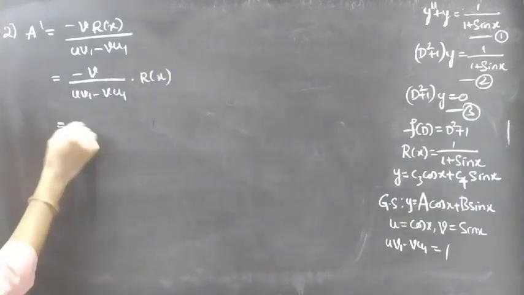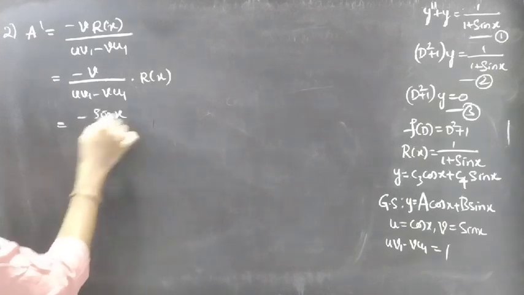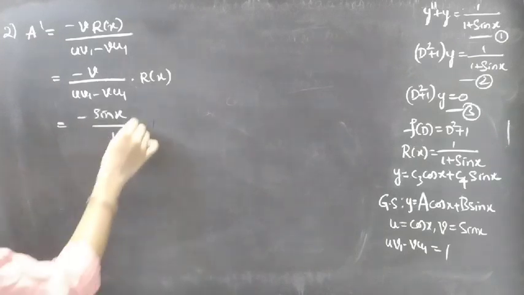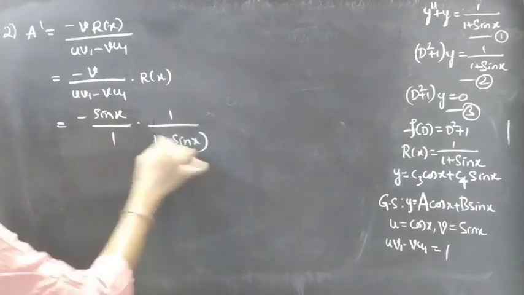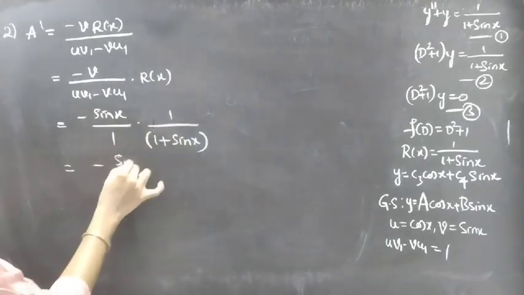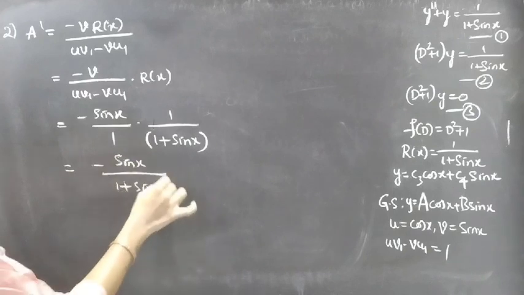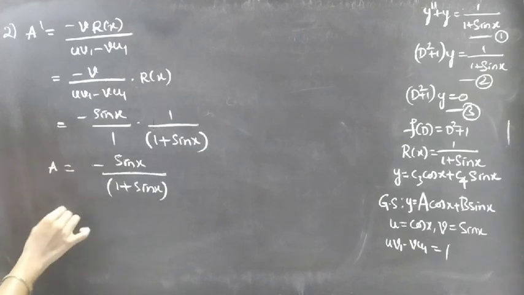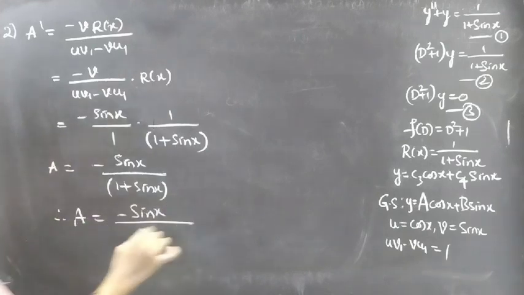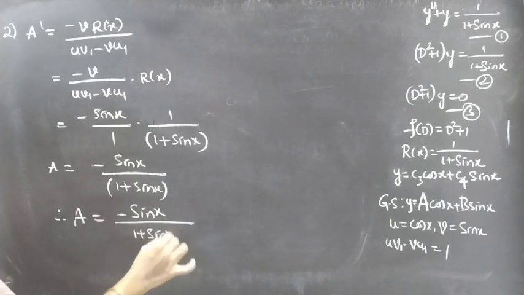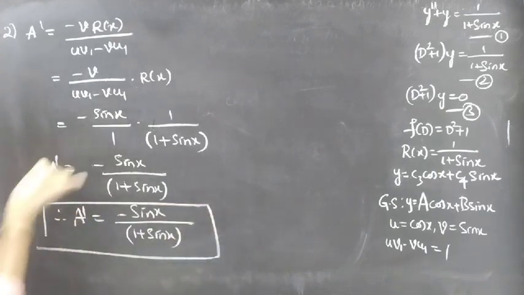This equals minus v, which is sin x, by uv1 minus vu1, which is 1, into r of x, which is 1 by 1 plus sin x. This gives us minus sin x by 1 plus sin x, which is our A dash. Sorry, A dash, not A.